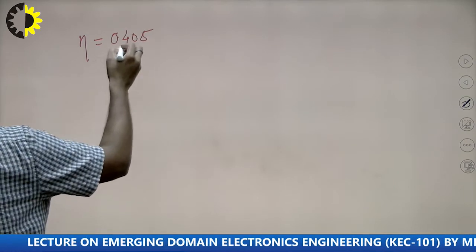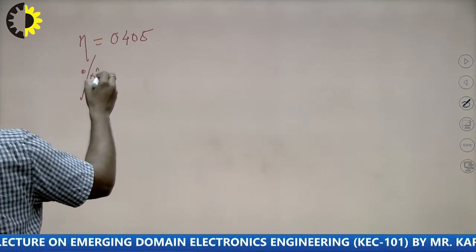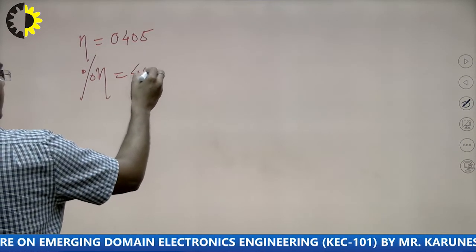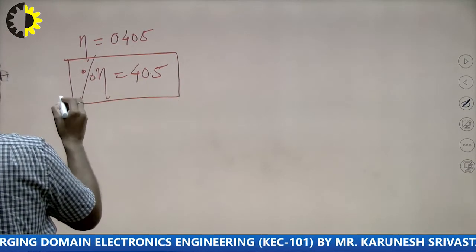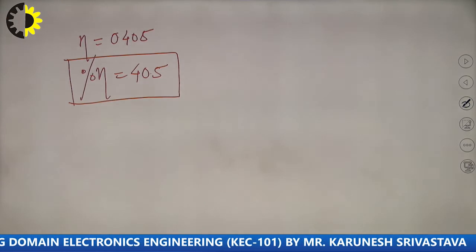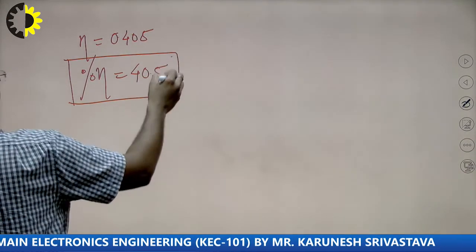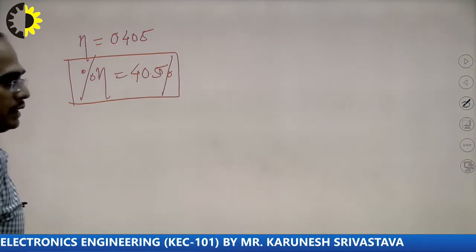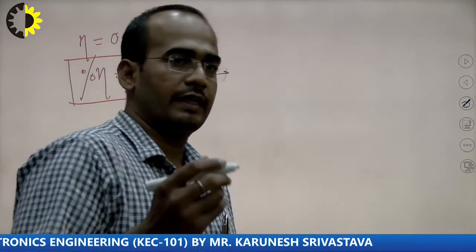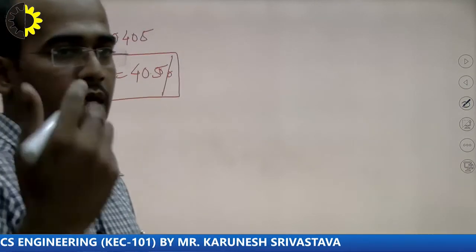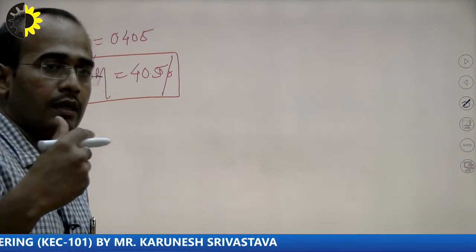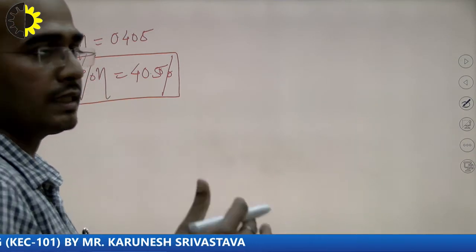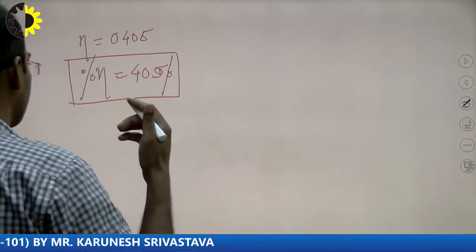The percentage efficiency of the half wave rectifier is only 40.5%. It means the half wave rectifier is only 40.5% efficient in converting the AC signal into the DC signal.